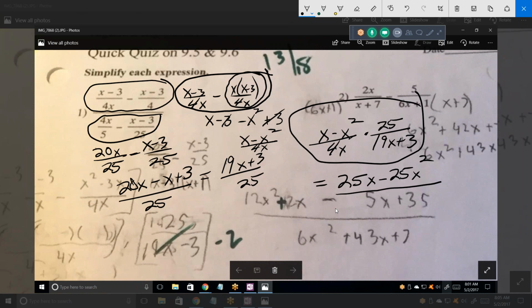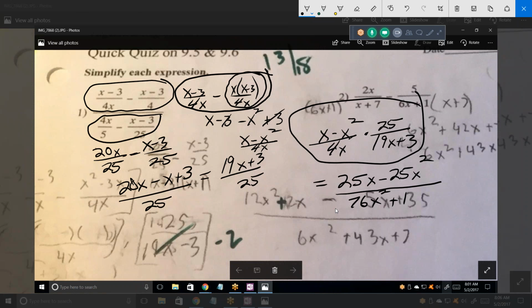Go ahead. Now what do you have on the bottom? You have 76x squared on the bottom plus 3. No, plus 12. Plus 12x.